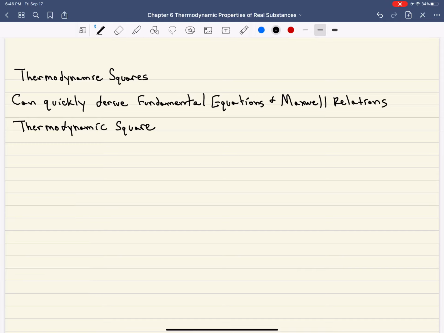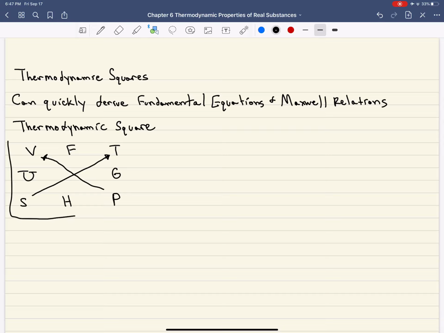For the thermodynamic square, its structure looks like this. It's like a 3x3 grid where you have arrows stretching across like this. This is what it would look like if you used F for your Helmholtz energy.